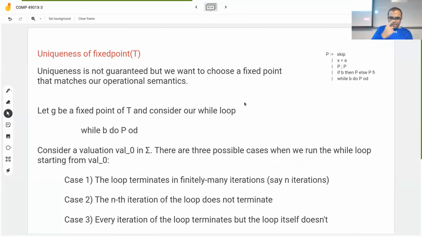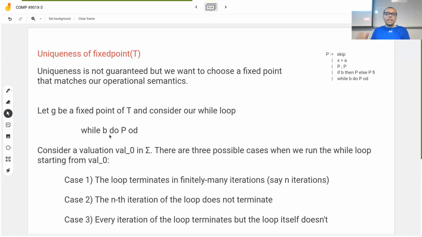So here's what's going to happen. I have this while loop, and I wanted to assign a particular meaning to it. I wanted to assign some semantics. And I said that the semantics of this while loop should be a fixed point of t. And I already know that t has at least one fixed point.